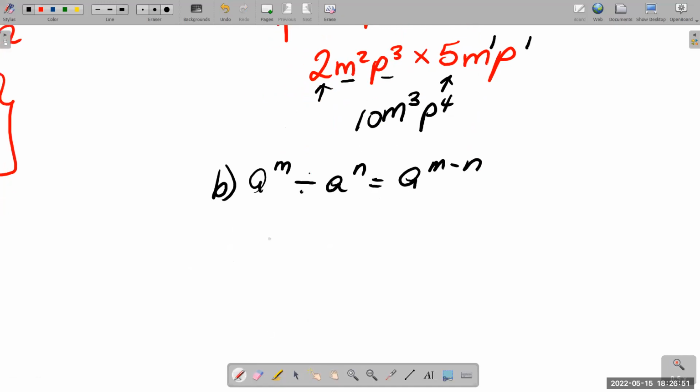So let me try one. Q to the 6th power divided by Q to the 2nd power. Is the answer Q to the 3rd power? Exactly. The answer is Q to the 4th, and please remember, because you want to maximize your score, even though this is easy, you show them you know the rule.